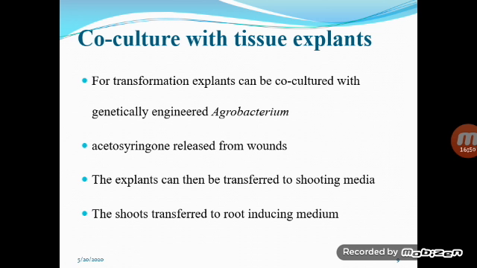So kanamycin allows only transformed plant cells to divide and regenerate shoots in about 3 to 4 weeks, while cefotaxime kills Agrobacterium cells.